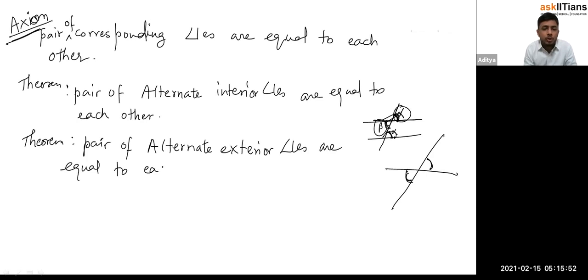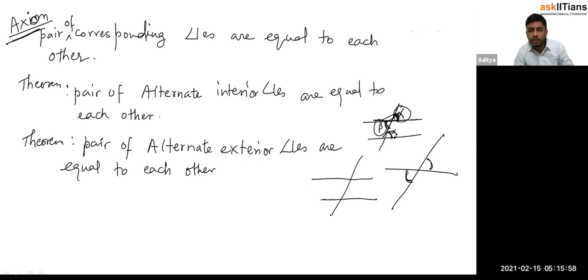Now, how do you prove this? Let's see. So we can say that let us consider these two pairs of alternate exterior angles. So if this is alpha, then this will also be alpha. Why will this be alpha? Because they are corresponding angles. And by this axiom, we know that corresponding angles are always equal.